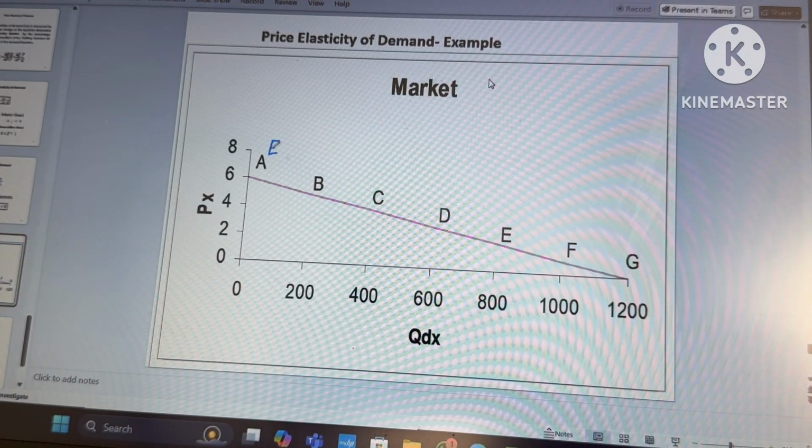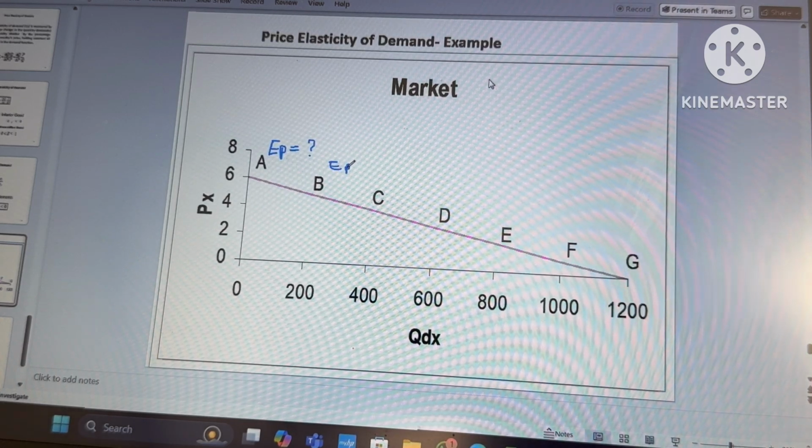In front of A, you just put what is EP. So, what is this one? And what is this one? Everyone, better you calculate. Likewise for all these points. Start now.